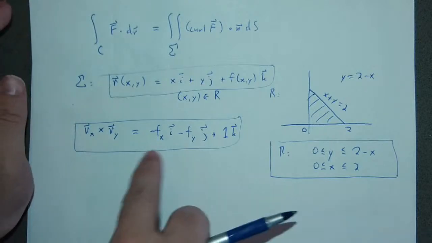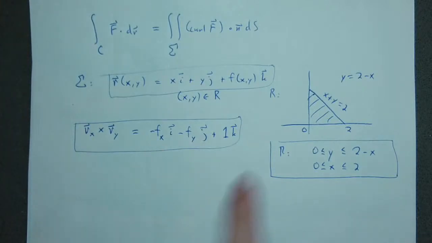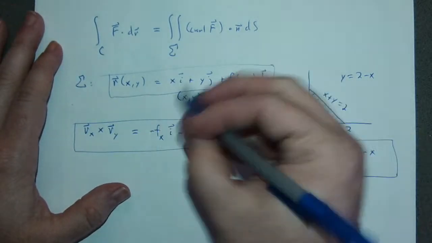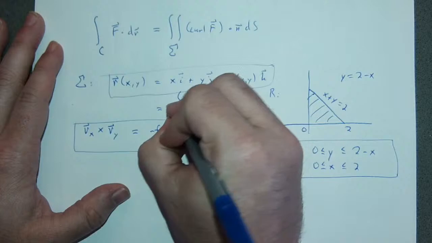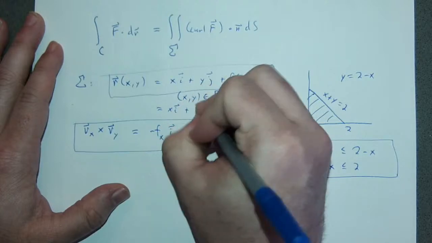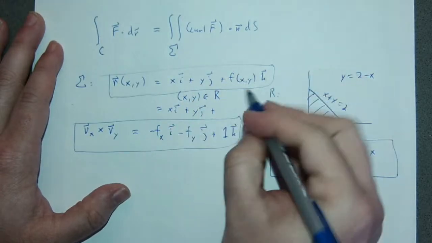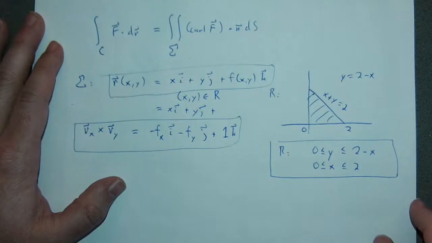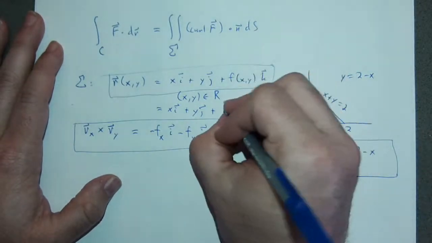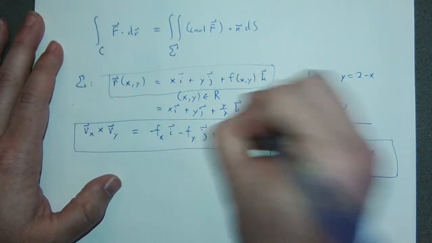So let's do that here. In this case, what is my parameterization written out explicitly? Well, rewriting, the parameterization is x i plus y j plus my function f of x, y, which is y over 2.